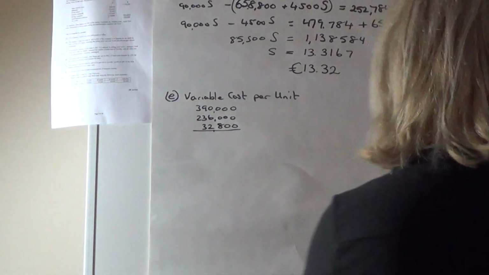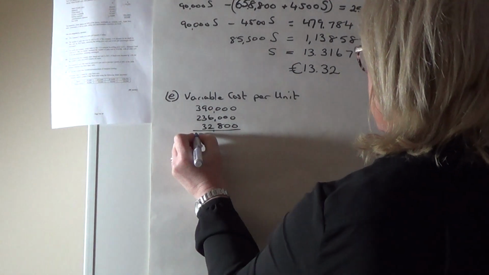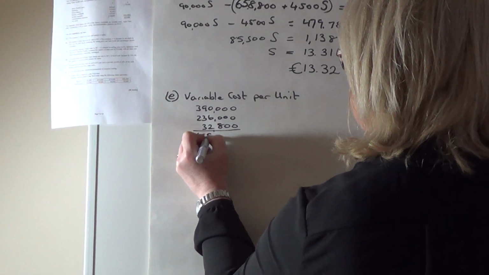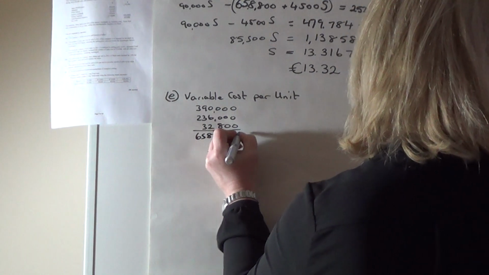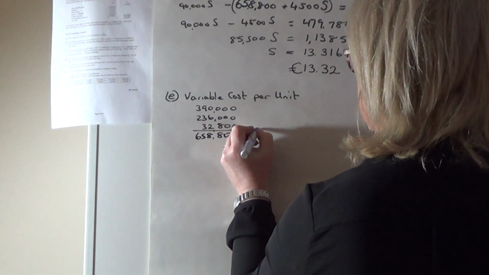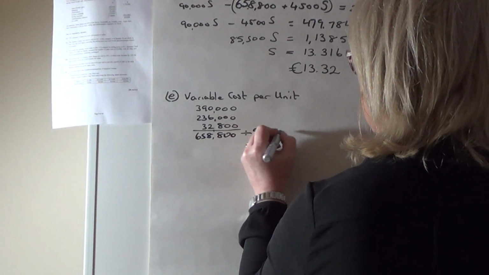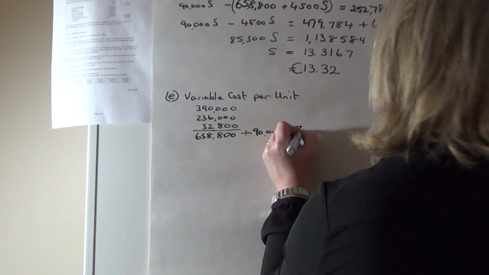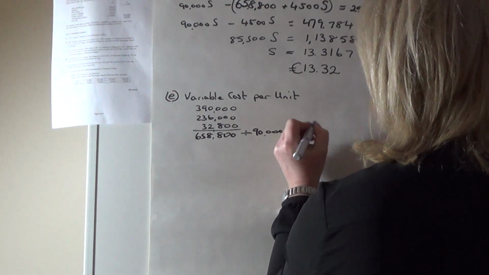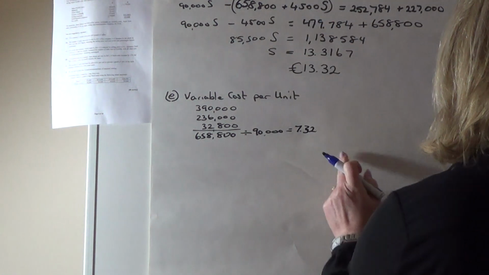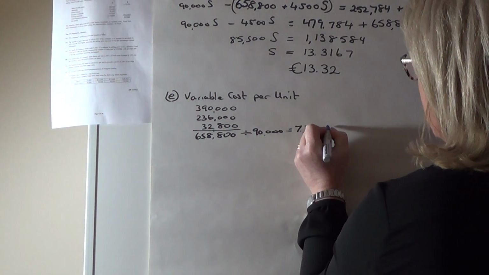Now really we've had that done before, but just to show you where the figure is coming from, so that totaled at 658,800, and per unit then that worked out at 7.32. We've had that before, we had it up here.